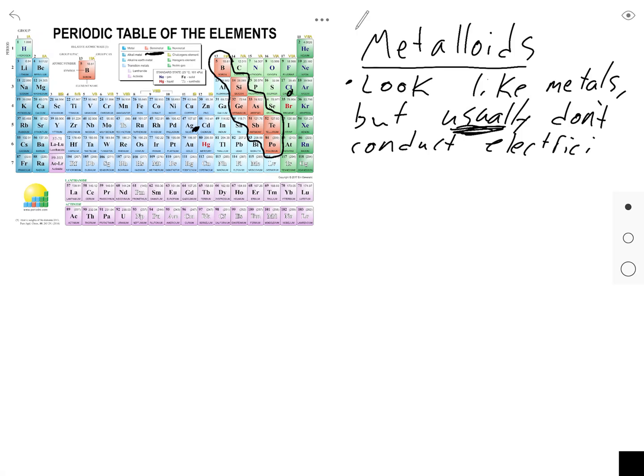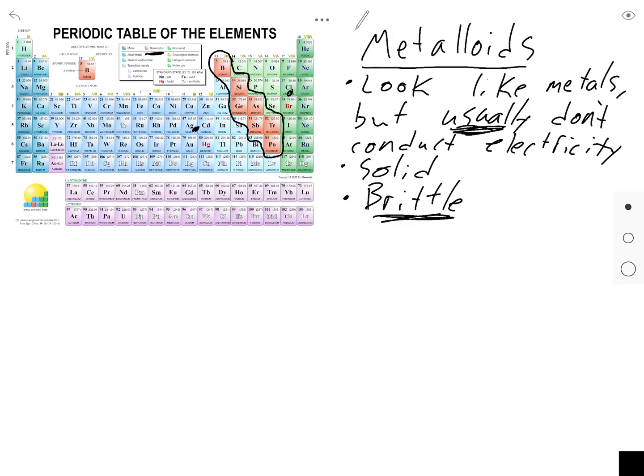They are solids at room temperature. They are also usually brittle. So brittle means they can snap easily, like a pencil, you can snap it instead of it bending. That's what brittle means.